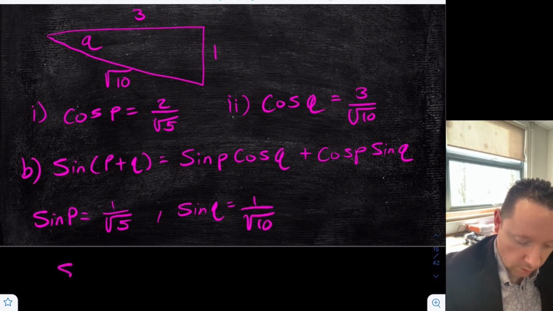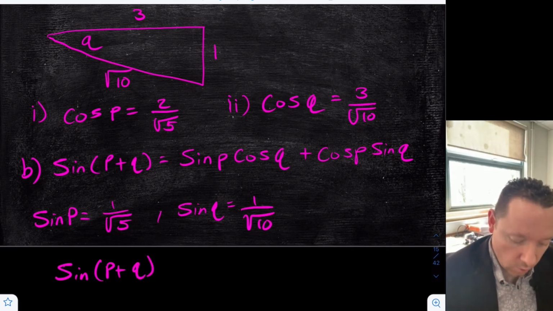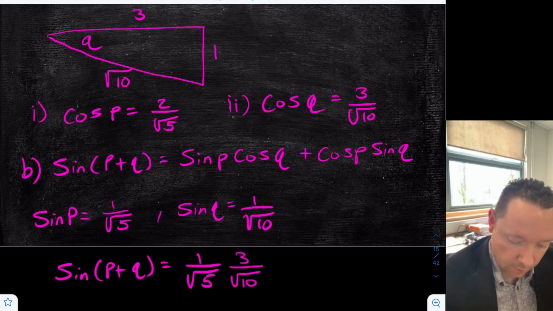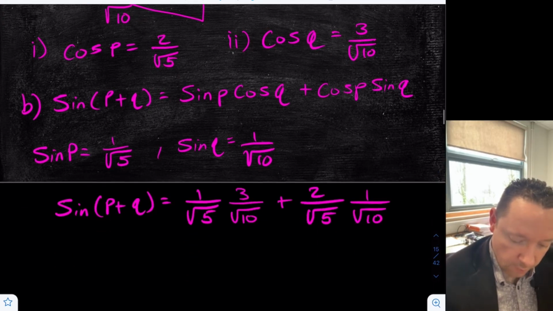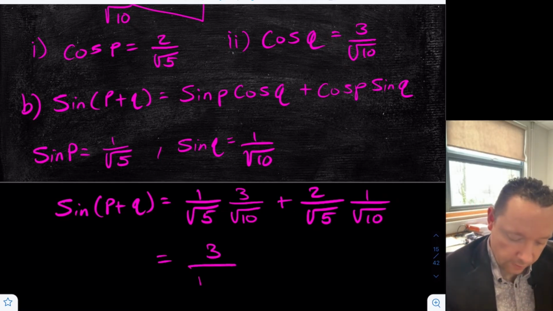So now we can substitute our values in, being very careful we get them in the correct order. So we've got sine P first, 1 over root 5, cos Q, 3 over root 10, plus cos P, 2 over root 5, times sine Q, which is 1 over root 10. Multiplying the top, we get 3, and then root 5 times root 10 is root 50, plus 2 over root 50.